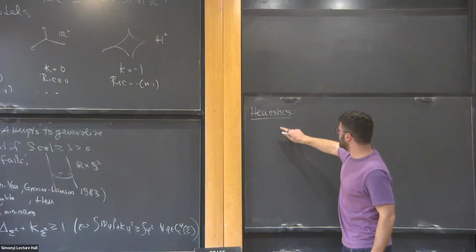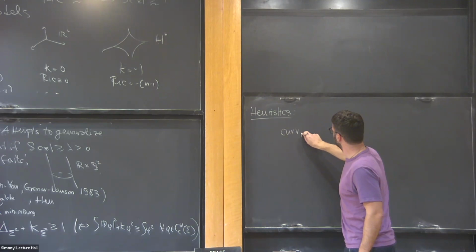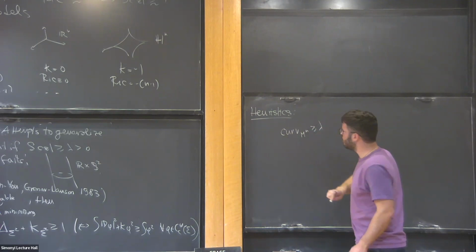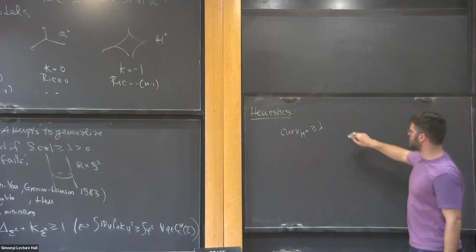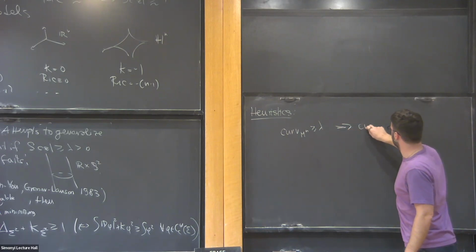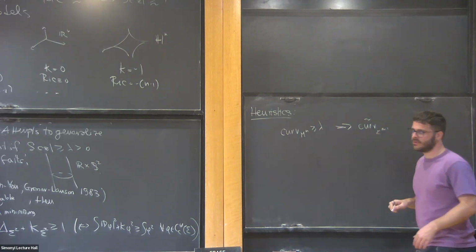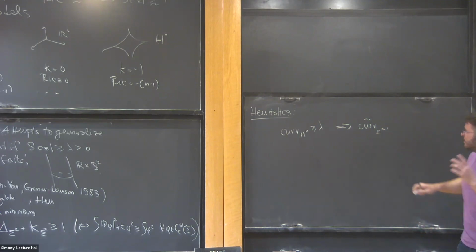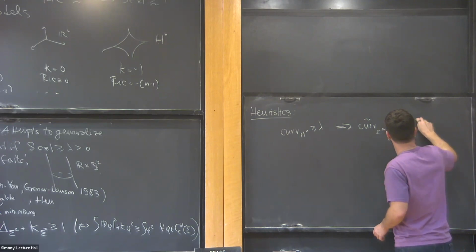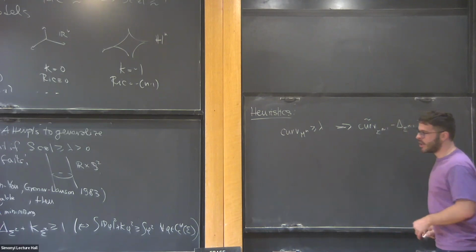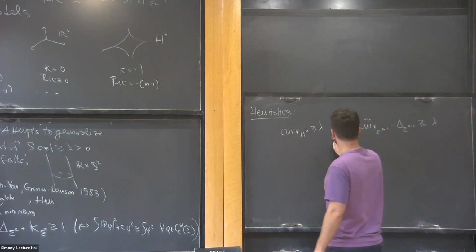And anyway, the heuristics is that if you have some kind of lower bound on some notion of curvature on the larger ambient manifold, you expect to get a slightly different but spectral lower bound on top of stable minimal hypersurfaces.